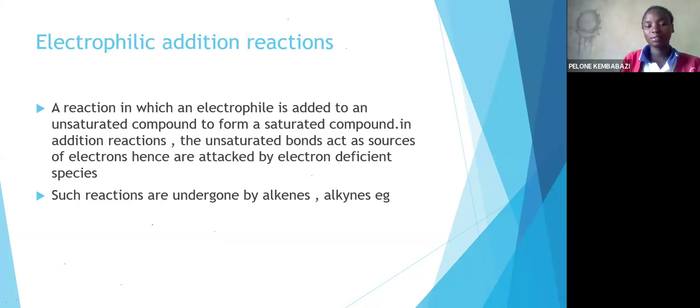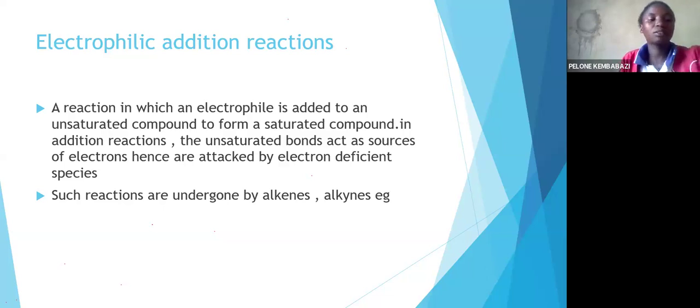It is the reaction where an electrophile is added to an unsaturated organic compound to form a saturated organic compound, or in simple terms, a reaction between organic compounds with double or triple bonds to form organic compounds with single bonds. Those are saturated organic compounds, as we shall see in some examples of these mechanisms.